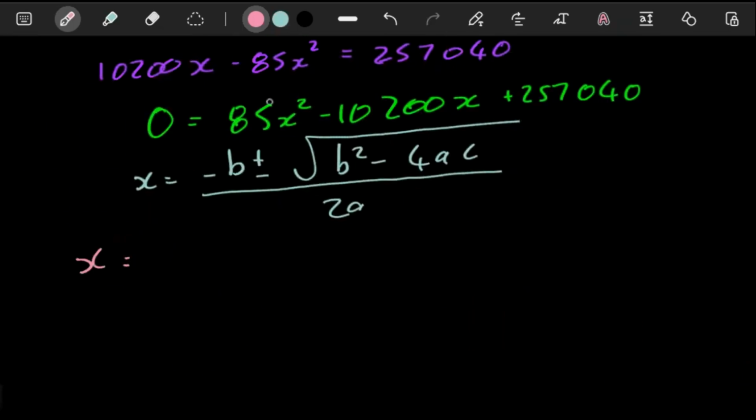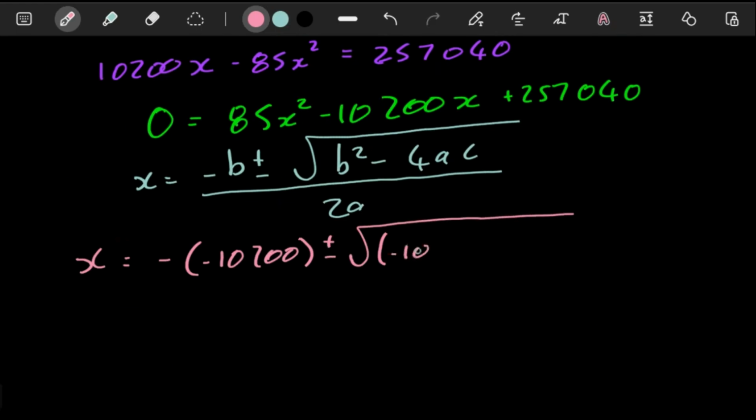Let's see, x is equal to minus b, plus or minus the square root of b squared, minus 4 times a, which is 85, times c. Such a big number.